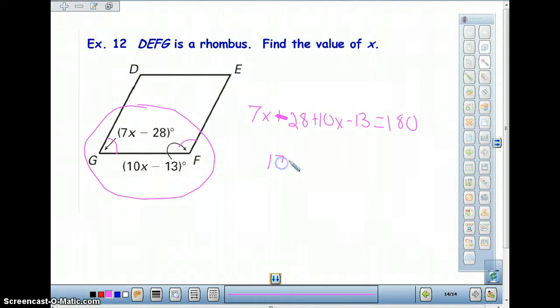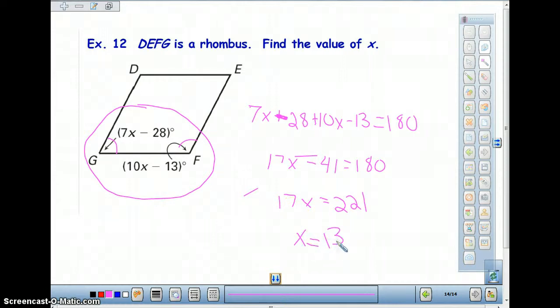So 17x minus 41 equals 180. So 17x equals 221. We divide by our 17, and we're going to get x is equal to 13.